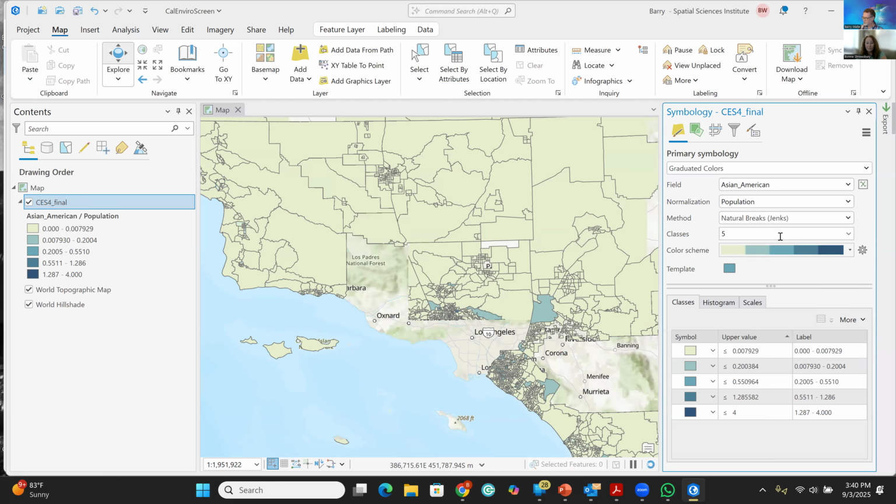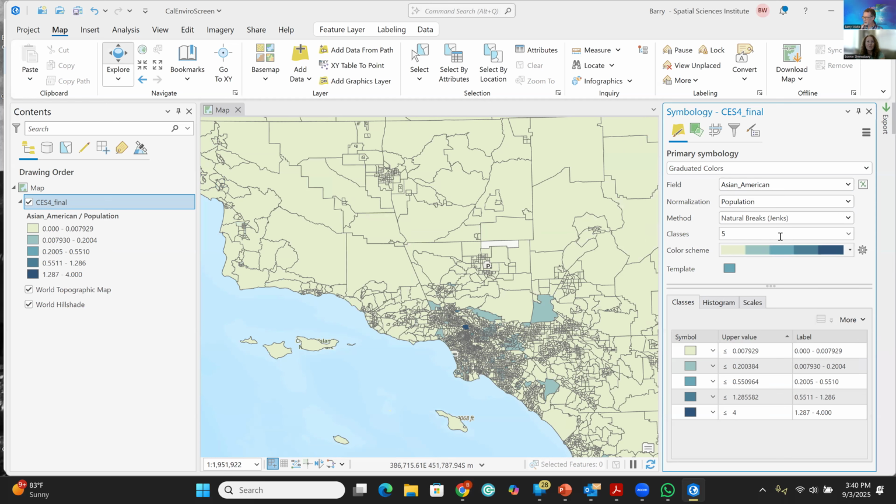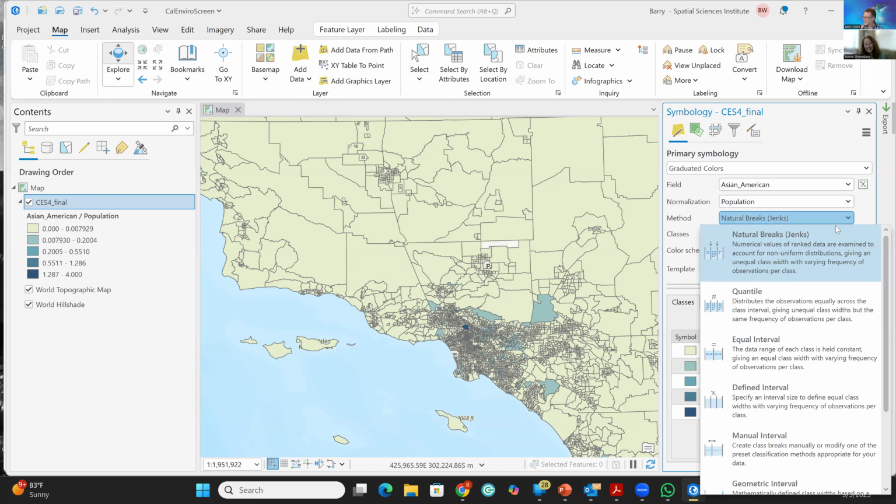A very common normalization variable is population, like the total population. So we can see areas with a higher percentage of Asian population. Proportion. Or, sorry, thank you, proportion.